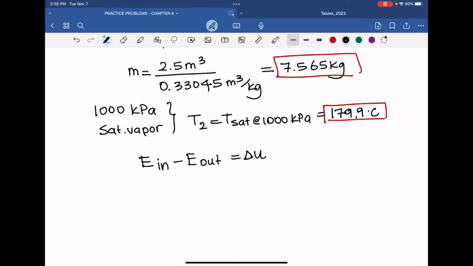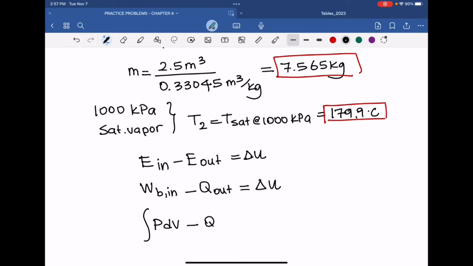And what energies are getting in, therefore, is boundary work and heat, changing the internal energy. Okay, so from here you can then say how we can calculate the boundary work from PdV, and how we can calculate the heat.